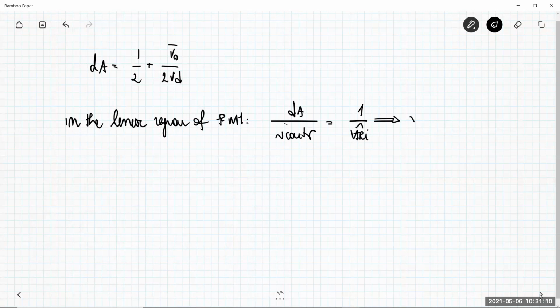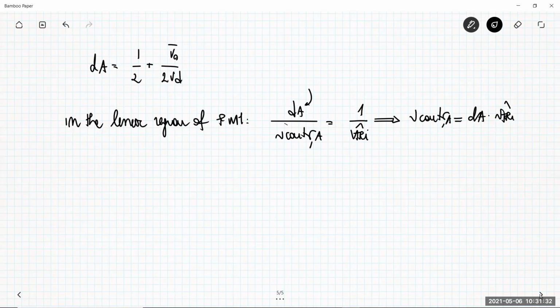So V control is dA multiplied by V triangular peak. Since I'm just considering the duty cycle A, let me put this as V control A, the control voltage for the leg A, exactly in the same way we did for the DC four-quadrant converter.